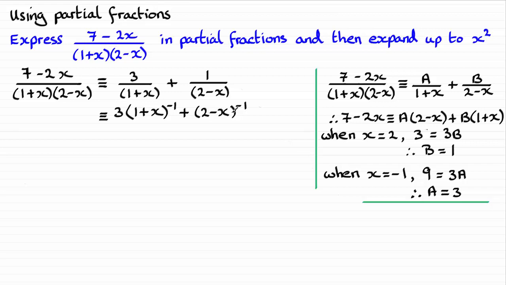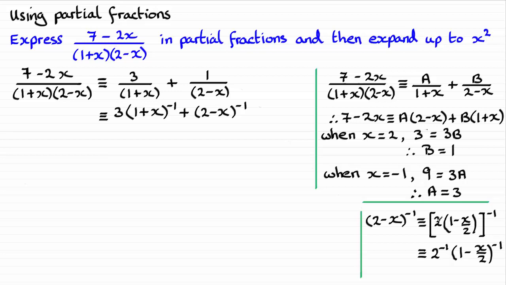So adjusting this in the usual way, we would pull out that 2 in front of the bracket and divide the x by 2. It's all to the power negative 1, and then we can say that's 2 to the power minus 1, all multiplied by that bracket to the power minus 1. Now 2 to the minus 1 is a half, and so I can rewrite this as a half times that bracket to the power minus 1, and we end up with this statement here.